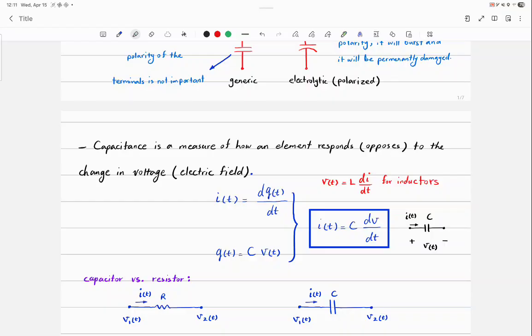Now, if you want to change this based on the duality concept, the magnetic should become electric and the current should become voltage. And you get the definition of capacitance. Capacitance is a measure of how an element responds to the change in voltage or electric field.